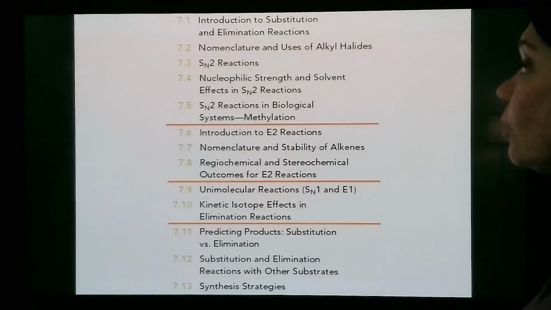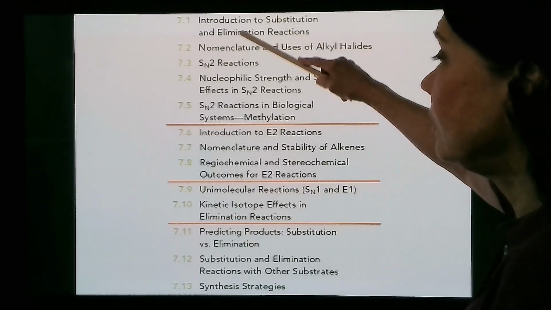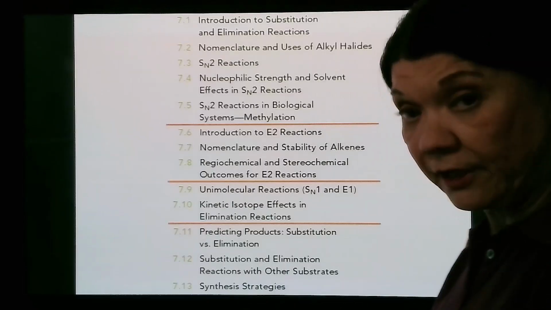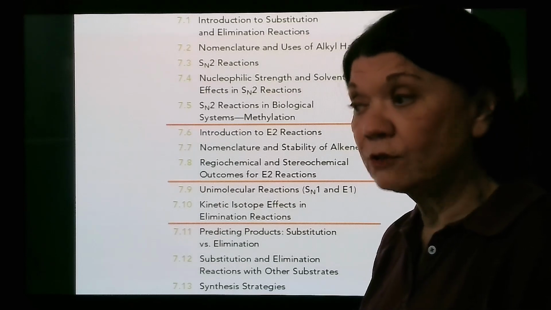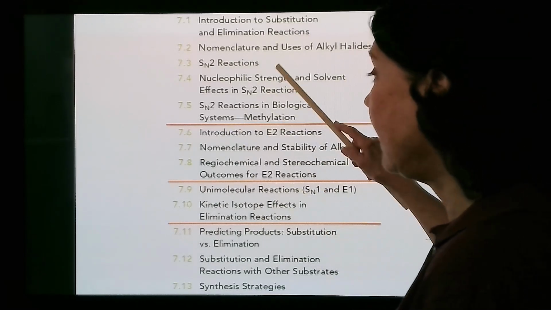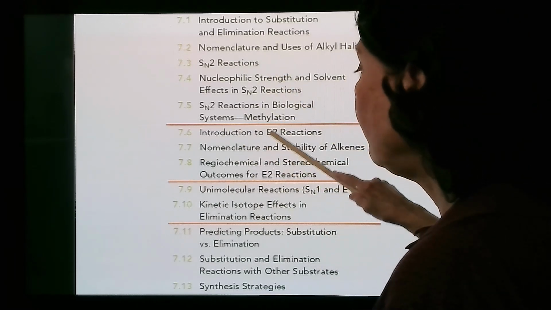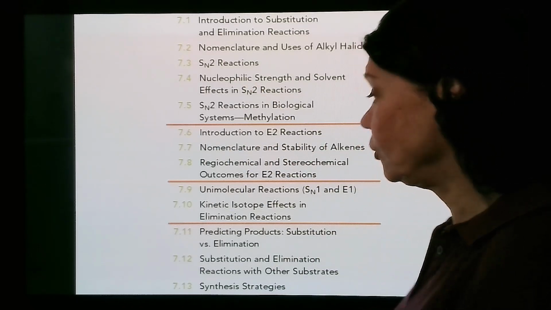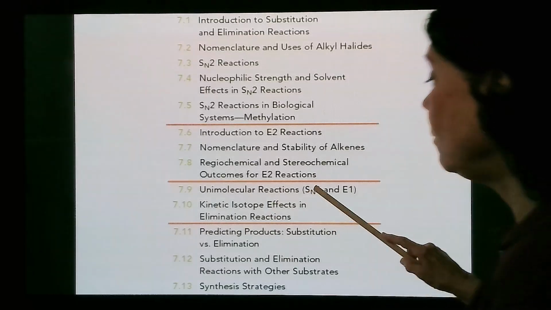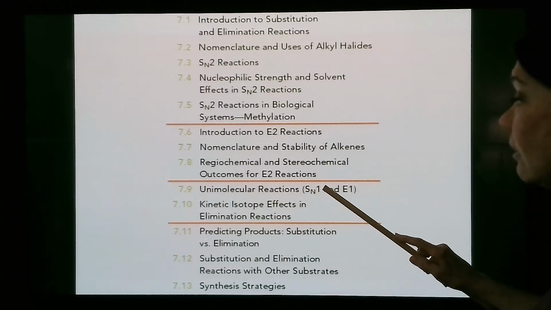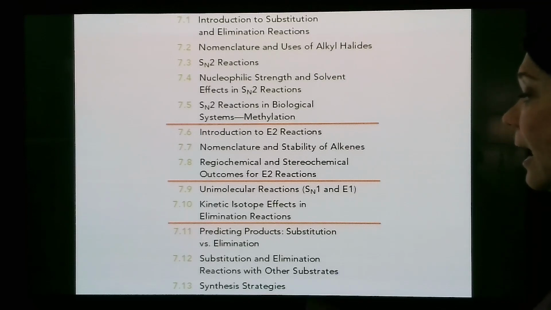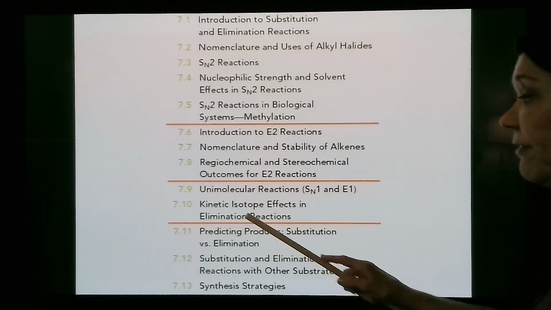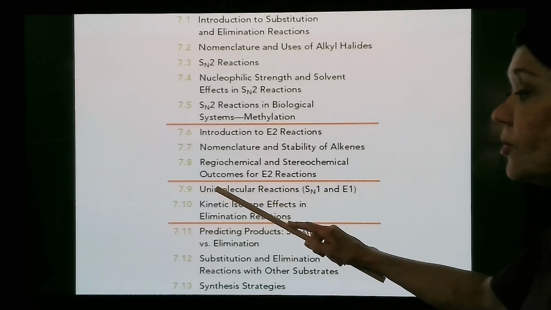So far we have discussed the SN2 reactions. We looked briefly at some of the other reactions, just for comparison, but mostly in terms of SN2. Now we've looked at E2 reactions, so these are the second order reactions. Now we're going to go on to the first order reactions, SN1 and E1, and we're going to look at kinetic isotope effects, very briefly.